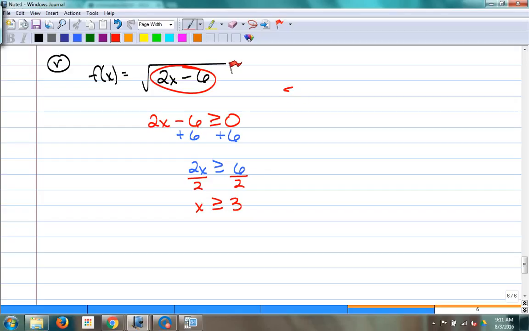So with our set notation, it's the same idea. You're going to write a curly brace, x, straight up and down bar. That means x such that, and then we just write that inequality: x is greater than or equal to 3. That's our set notation. That tells me that the x values at work are 3 and everything above it.